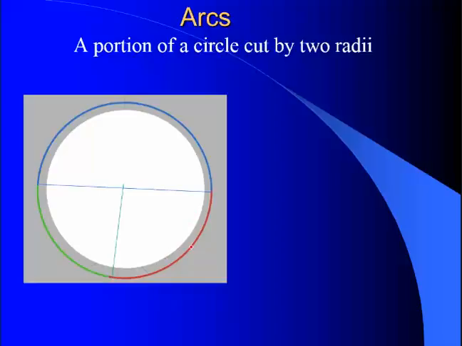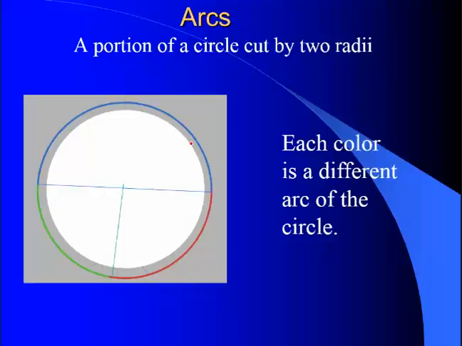It's just a part of the circle. So this is an arc. This green portion is an arc. This blue portion is an arc because it's made with this central angle that is actually a diameter of 180 degrees. So each color is a different arc of the circle.